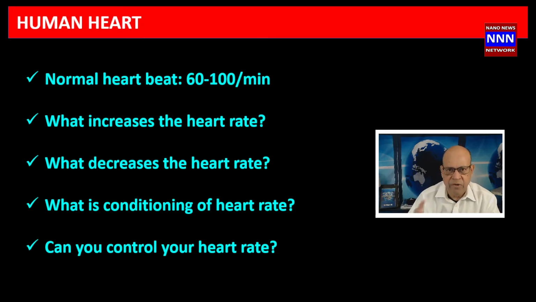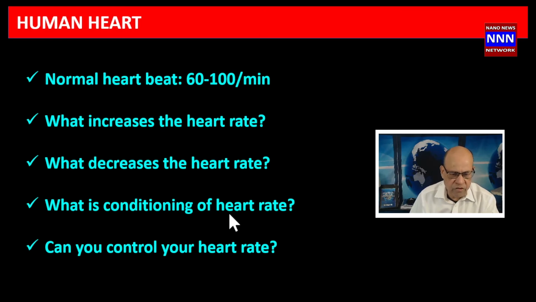I talked about outside the body when you exercise, but internally, if somebody is hemorrhaging, then the heart rate goes up because they are losing blood and losing their oxygen capacity, and that increases the heart rate, and a whole host of conditions like fever can increase the heart rate. And what are the conditions that can decrease the heart rate? Like fear. When you have fear, your heart rate slows down, your blood vessels dilate. That's why people feel like they are going to faint.